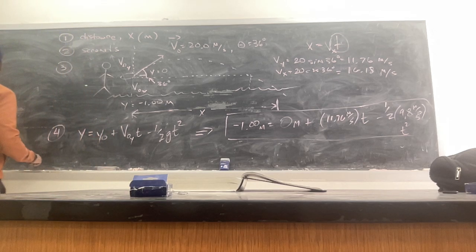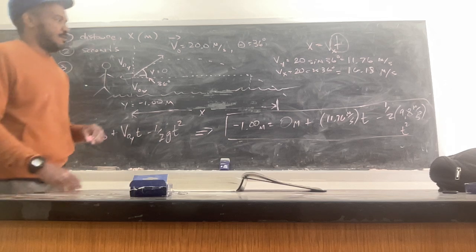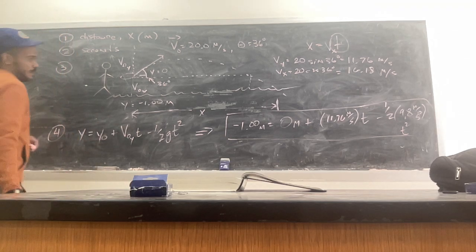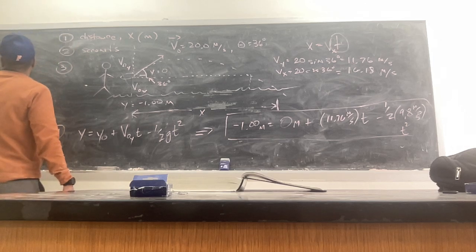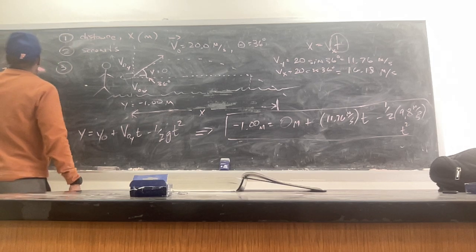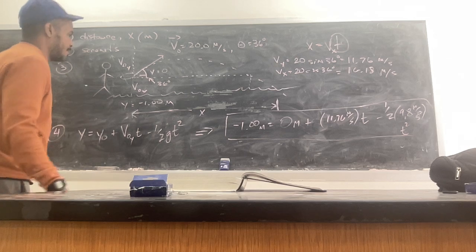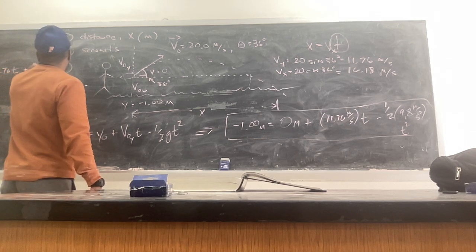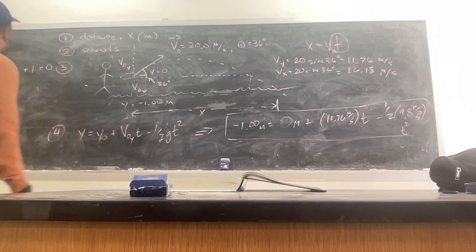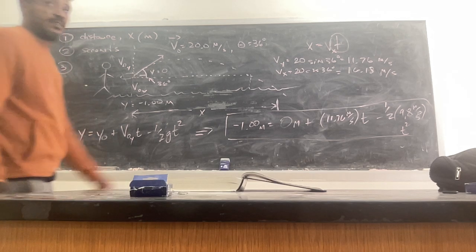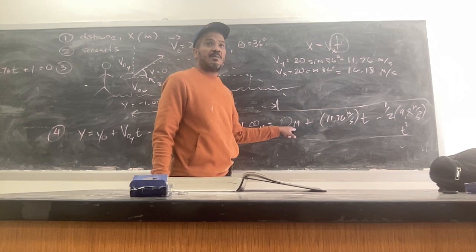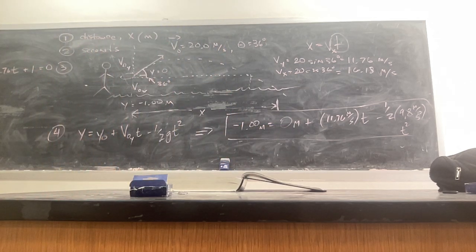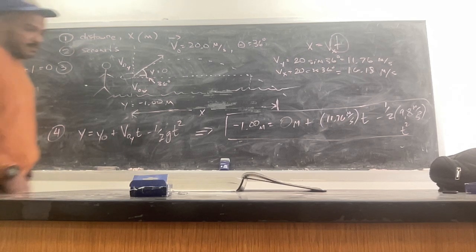Negative 4.9 t squared plus 11.76 t plus 1 equals 0, right? I just brought this 1 over.